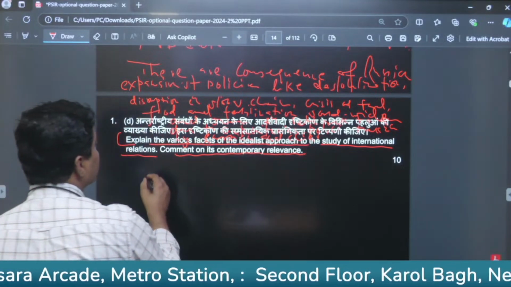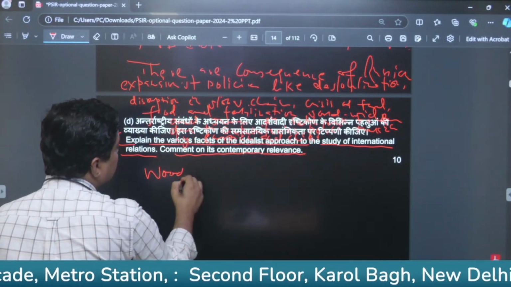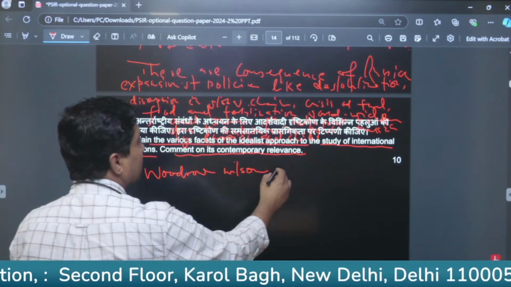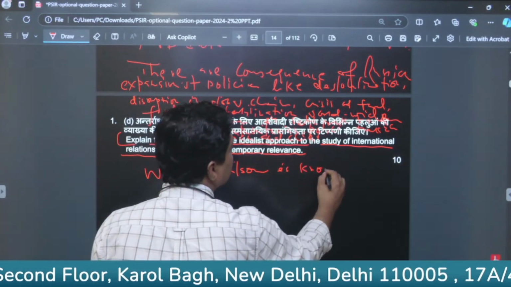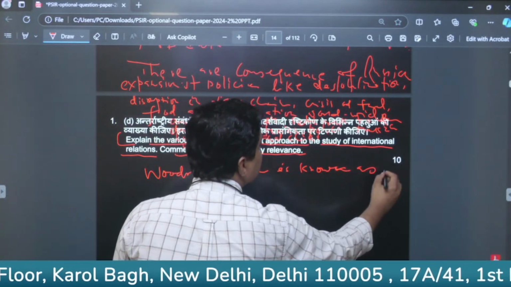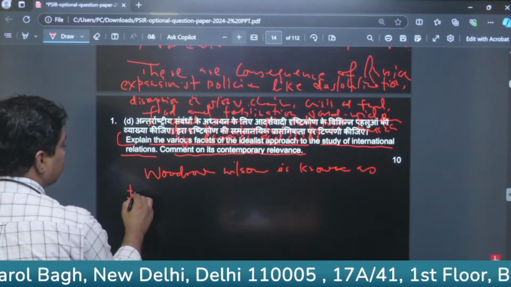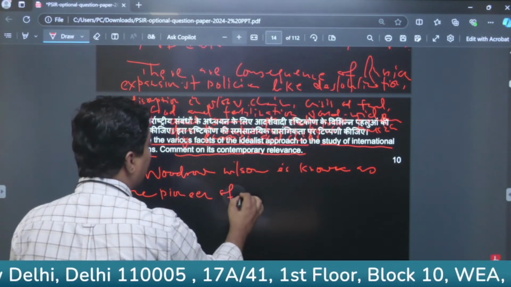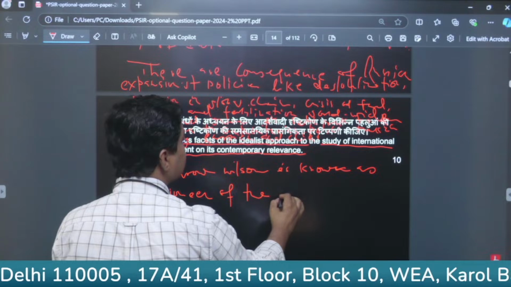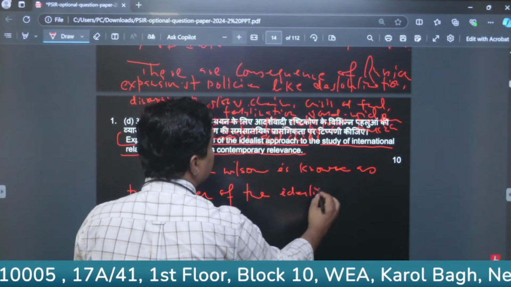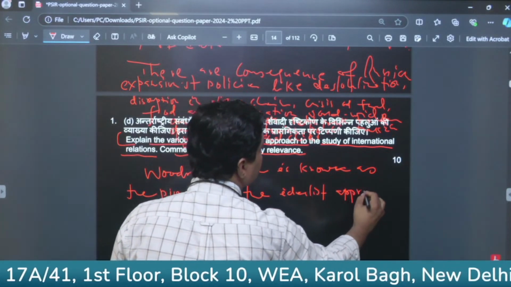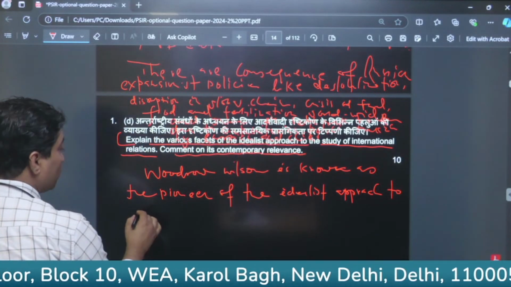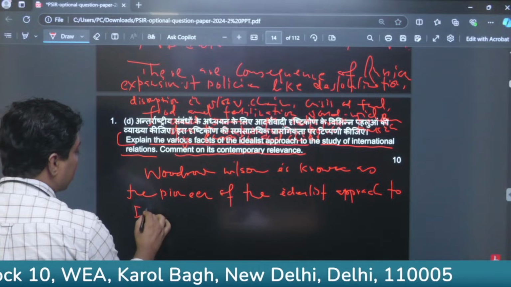So Woodrow Wilson is known as the pioneer of the idealist approach to international relations.